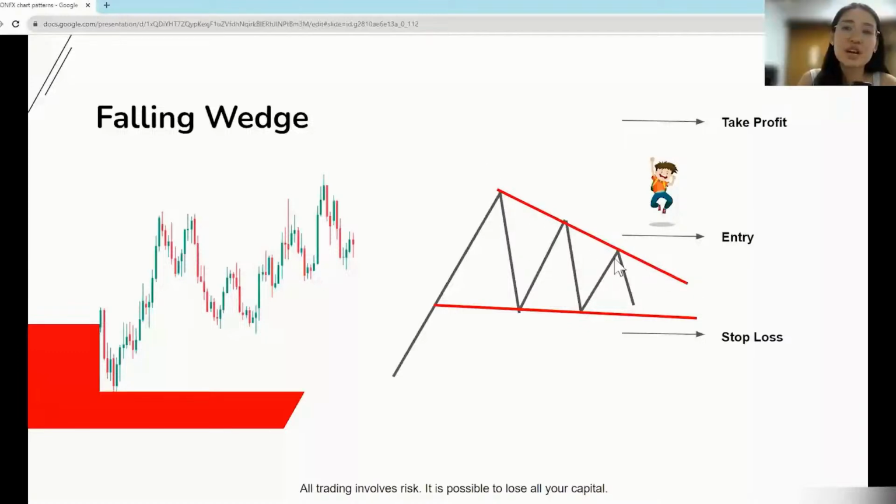The upper red line is our resistance level, and we are expecting price to break out of it because there's a lot of downward pressure pushing on this shape, and that's why our take profit would be a little bit higher up. So that's why I've arranged the levels in this way for you guys to see.